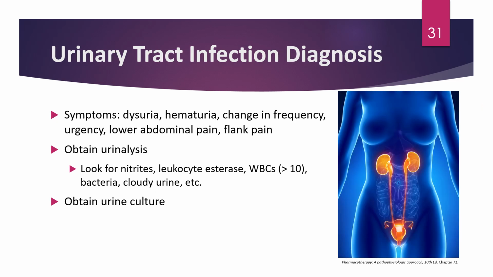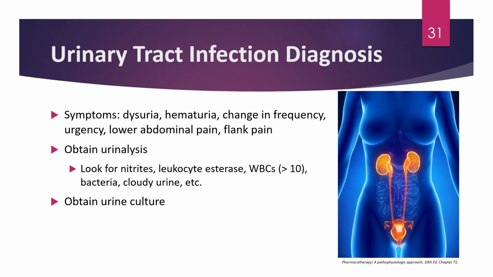With a urinary tract infection, typically we're going to see things like dysuria, hematuria, and changes in frequency and urgency of urinating. Sometimes we see lower abdominal pain and flank pain. The flank pain happens a lot whenever the infection actually hits the kidneys, and we call that pyelonephritis. Usually for these patients, we're definitely going to want to obtain a urinalysis.